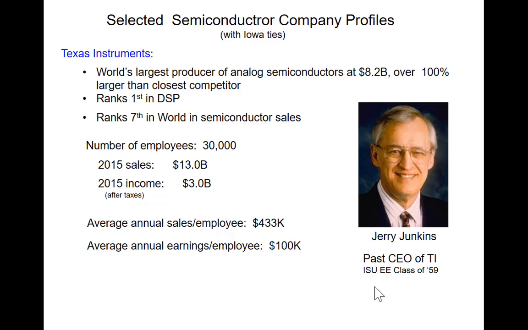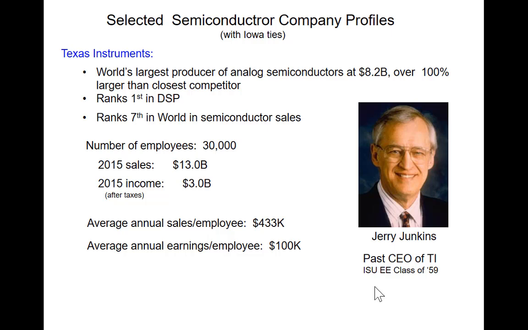TI is the largest analog semiconductor company. It's the largest DSP signal company. It ranks 7th in the world in semiconductor sales, so a pretty big operation. About 30,000 employees. Sales, about 13 billion. Income, about 3 billion.